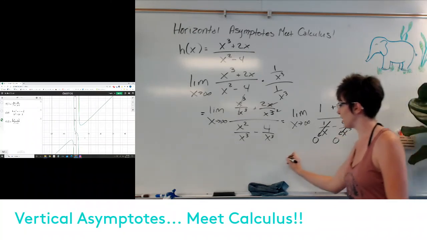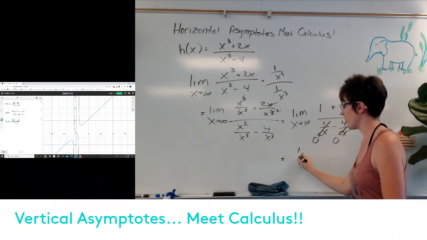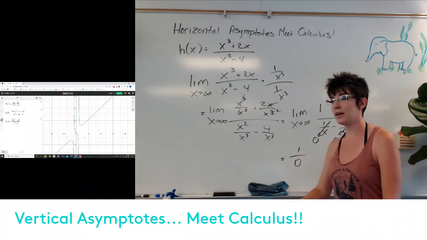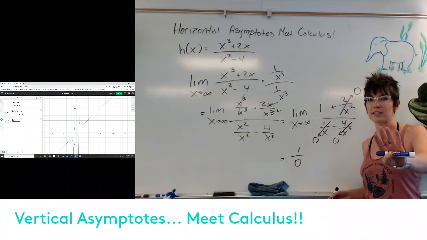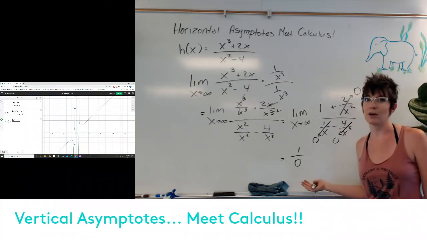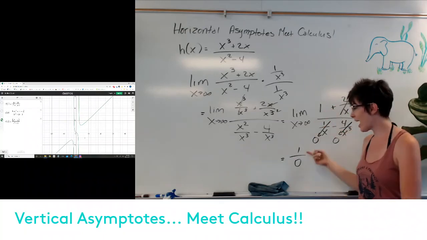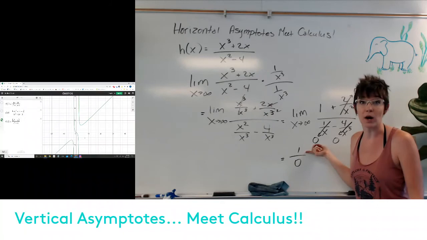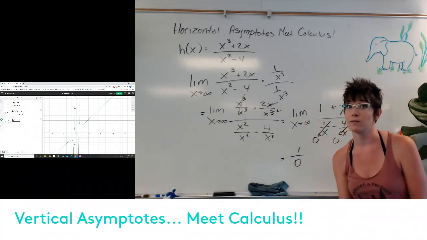So the numerator I'm left with is like 1, but the denominator is 0. Can I divide by 0? Well, pause for a second, friends, because that's not actually the number 0. It's something incredibly small. So what I have is basically 1, or something very close to 1, divided by something infinitely small.